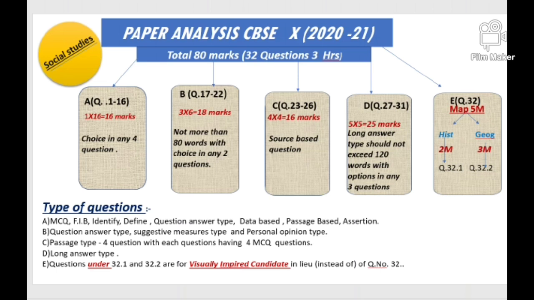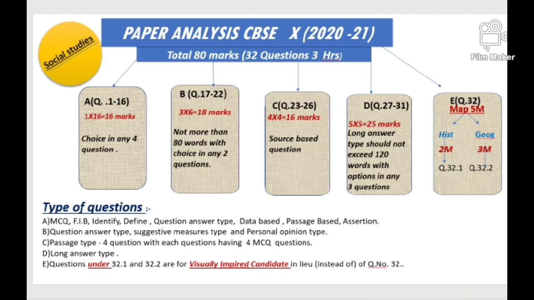That is what I have written here. You have to go to question number 32, answer the map related question, do whatever plotting or labeling work has been given, and then you will see there is again a question under that. But there it is very clearly written in bold that these are questions for visually impaired students, and there's a word coming there, in lieu.